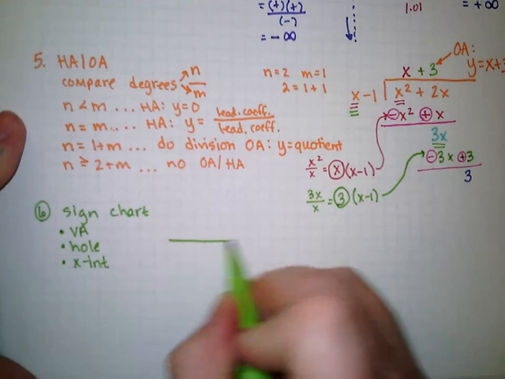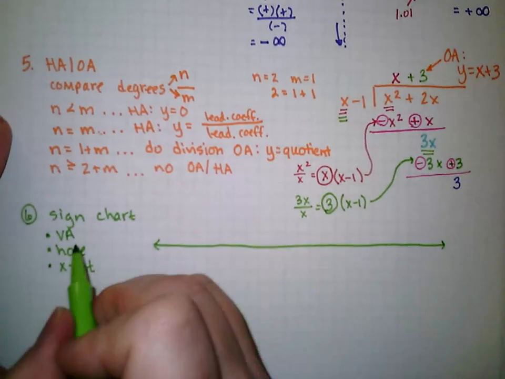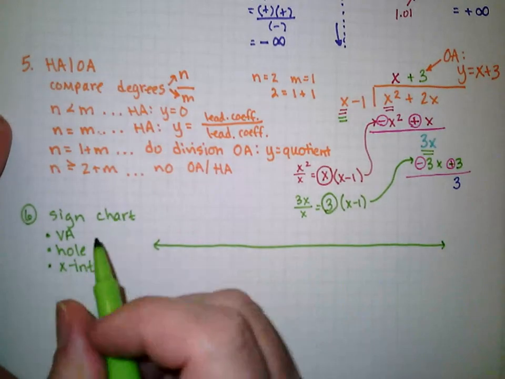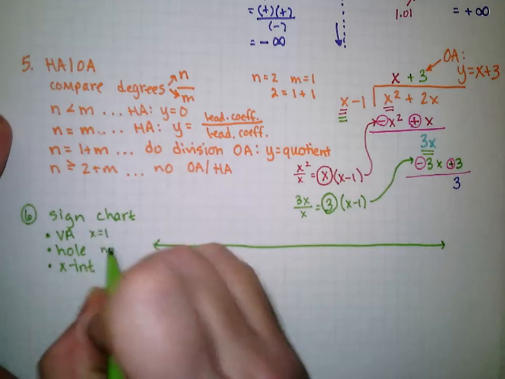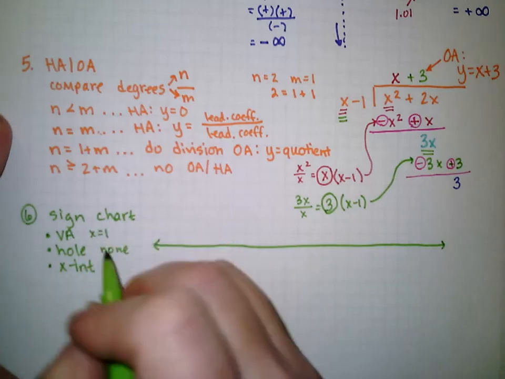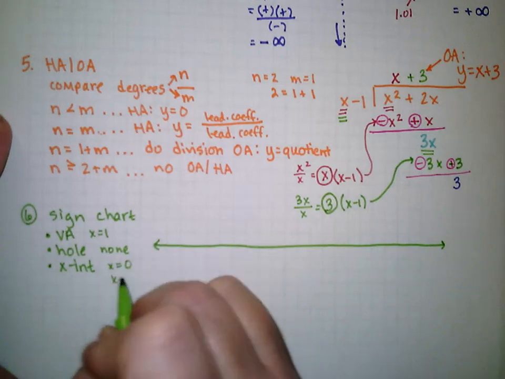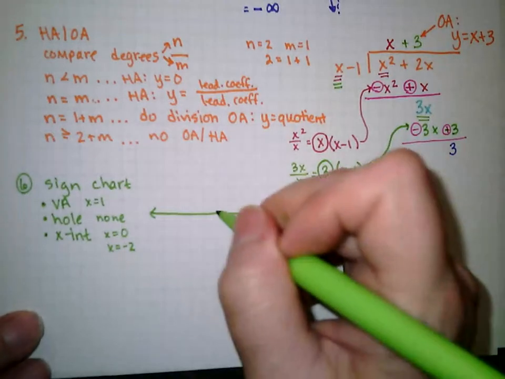So we make our little sign chart. Vertical asymptote, we had x equals 1. We didn't have any holes, and our x-intercepts were at x equals 0 and x equals -2. So we're going to put those values on here.